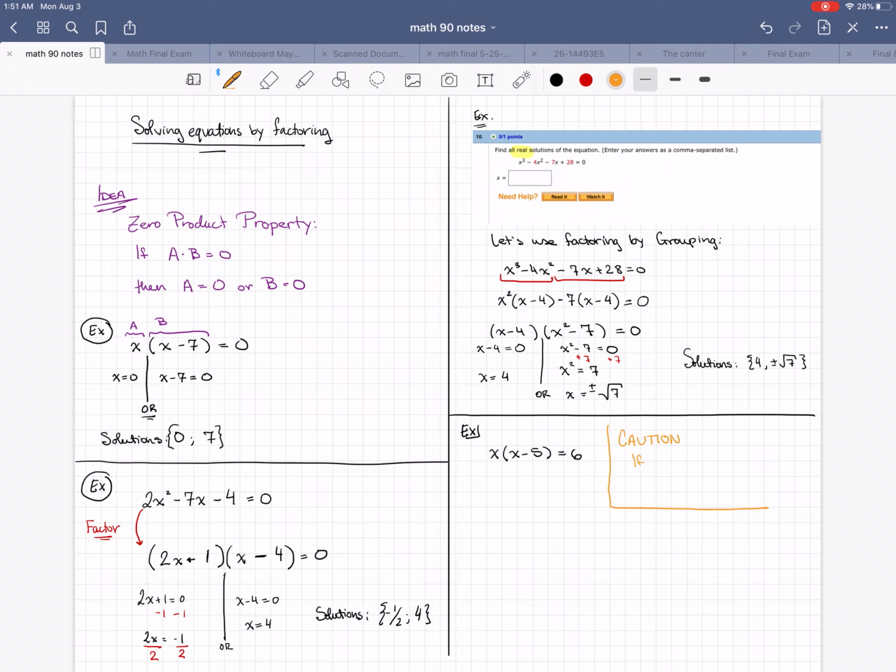If A times B equals 6, you know virtually nothing about A and B individually.